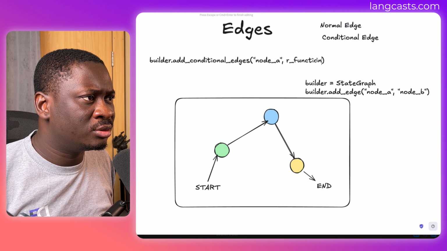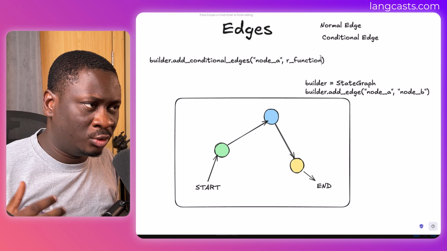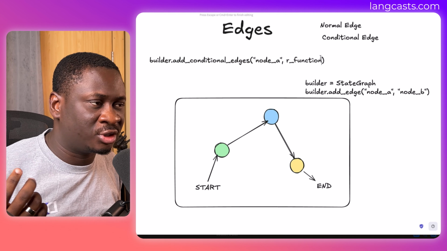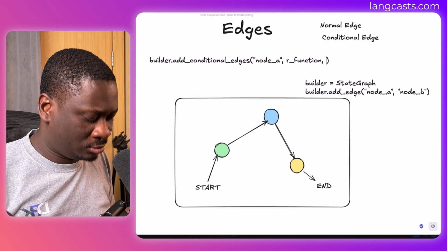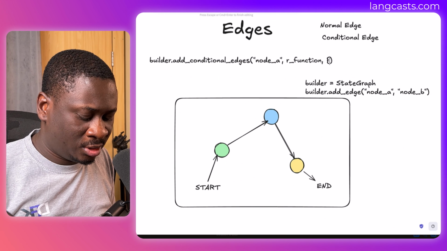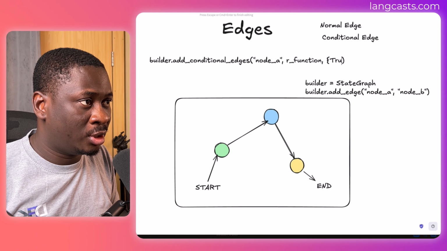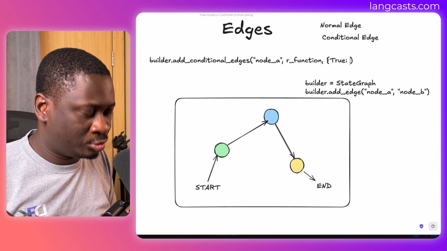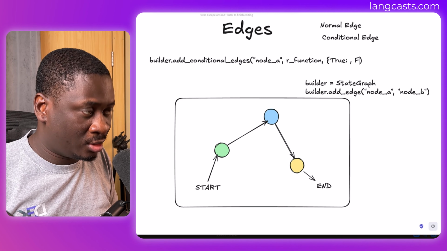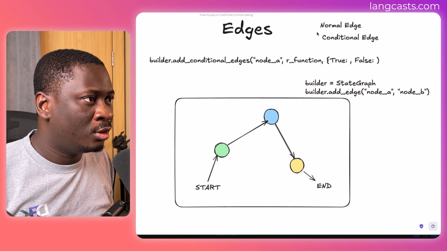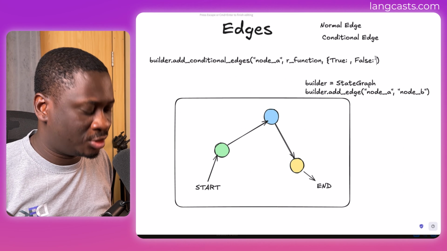Sometimes you don't want to return the node in the function itself. If it's just a pure function that returns true or false, you can add a dictionary here. The dictionary is going to take two properties: one is true, Boolean, and the other is false. Let me close this dictionary.